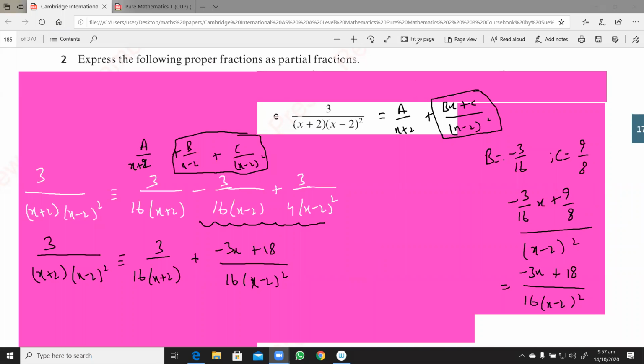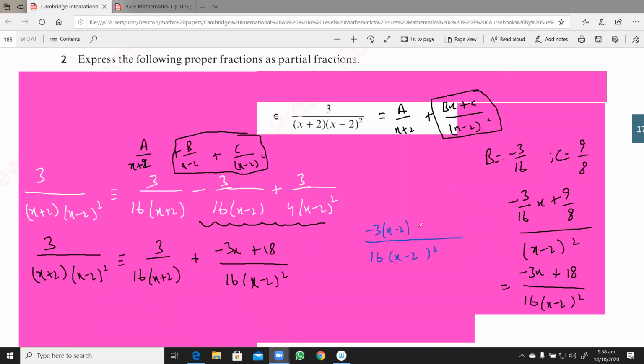So the LCM would be, let me change a color here so that you know that we can sum up these two fractions. So the LCM is going to be 16 into x minus 2 whole square. This minus 3 will be multiplied by x minus 2 because this is lacking x minus 2 square. There is a 16 with this, but there has to be a square, so we need to multiply this with x minus 2.